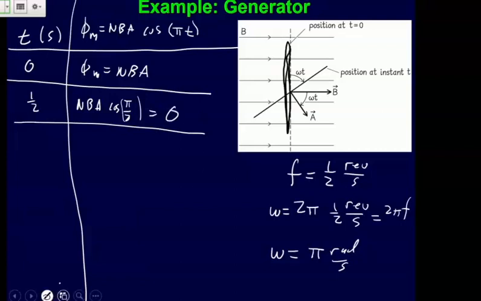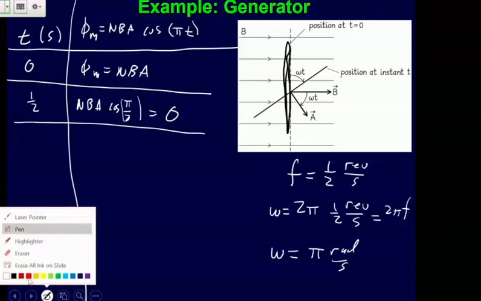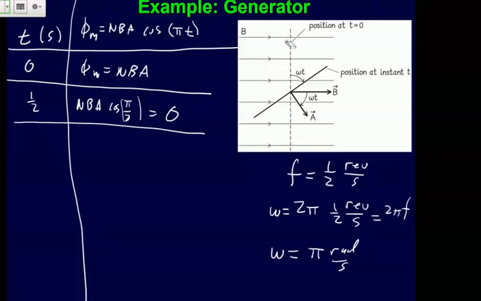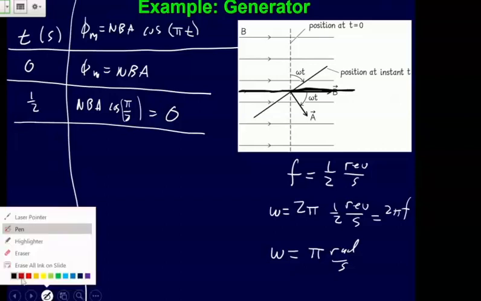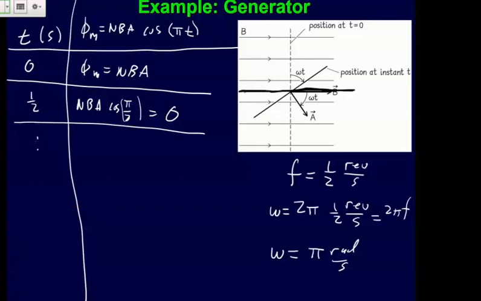So after 1/2 a second, pi over 2, that's like 90 degrees. All right, so this thing has rotated from this point, and so now it would be this way here. So it's completely parallel to the B field lines, so there's no magnetic field going through there, so there's no magnetic flux. And we can just keep going.